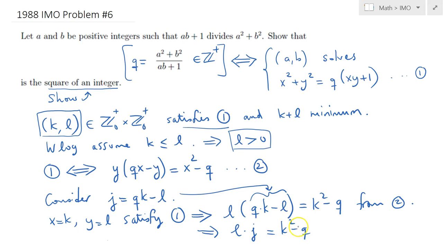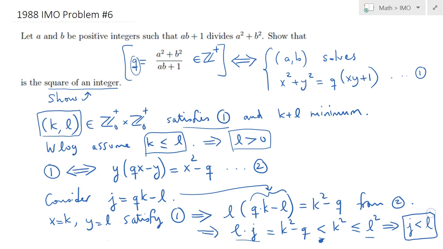Notice that k squared minus q is strictly less than k squared, because q is a positive integer, and k squared is less than or equal to l squared. Because l is a positive integer, if you cancel l from both sides of these inequalities, we get that j is strictly less than l.